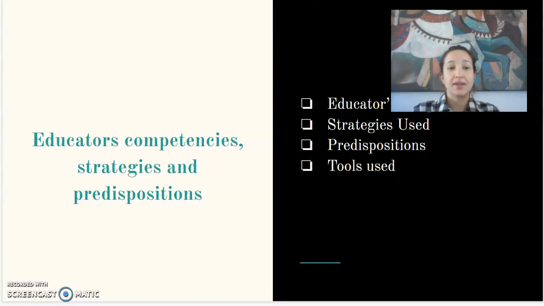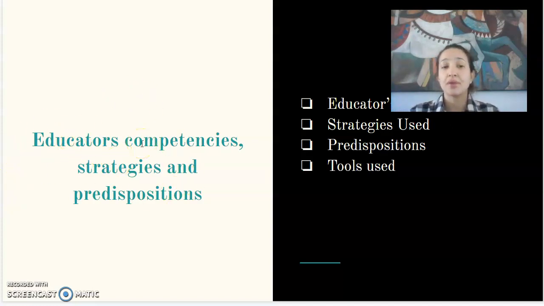So after analysis, I found that educators' competencies, strategies, and predispositions was one of my sub questions. This is the theme.